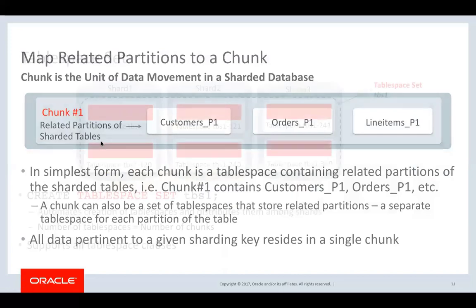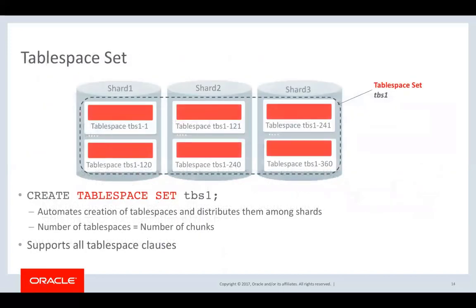Okay, all right. So here is one example of creating a tablespace set as part of creating your sharded tables, right? When you create a sharded table, there is one prerequisite you want to do, which is create your table spaces across a pool of shards so you can map your partitions to these table spaces. In this example, I have 3 shards, shard 1, shard 2, shard 3.